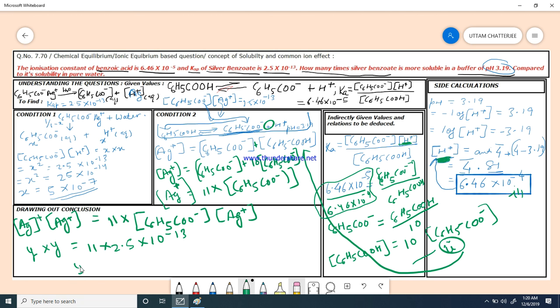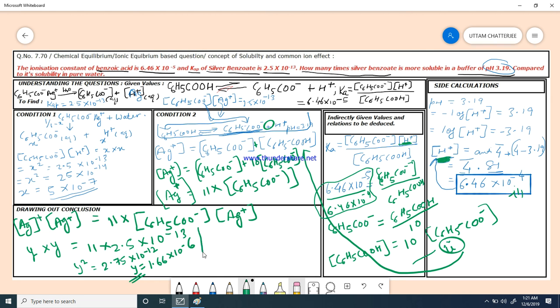So we can write y square is equal to 2.75 × 10 to the power minus 12, or y will be equal to, if you consider this as 3, then around 1.7, but if you find out the square root properly, it will come out to be 1.66 × 10 to the power minus 6. This y is nothing but the solubility of silver benzoate in benzoic acid.